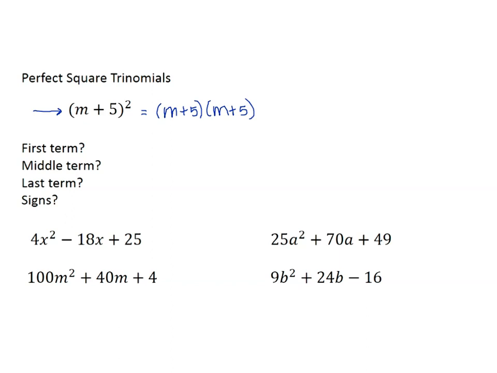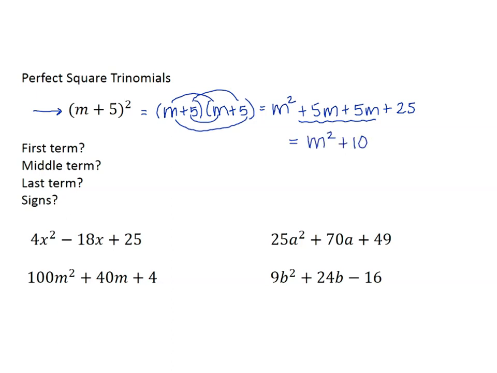When we FOIL that, we get m squared when we do first, and then outer, and then inner, and then last. When we simplify that, because we can combine like terms here, we get m squared plus 10m plus 25.